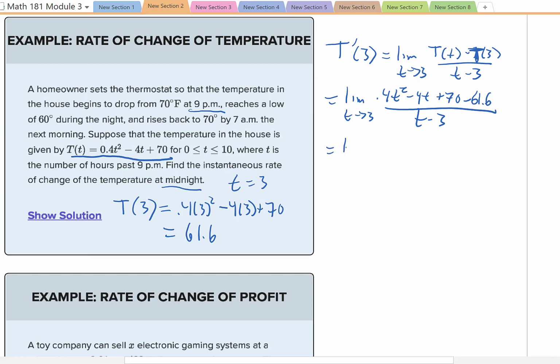We do a little bit of simplification here, and we have 0.4t squared minus 4t plus, and it looks like that's going to be 8.4, I believe. Over t minus 3.